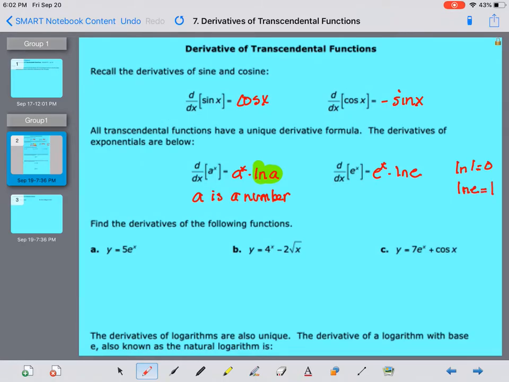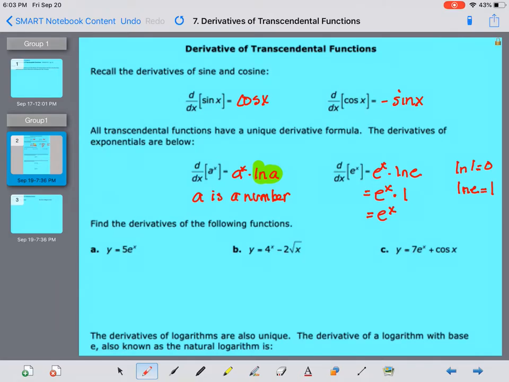So e to the x times the natural log of e, which is 1, just gives us e to the x. The derivative of e to the x is in fact itself. The slope and the y value have the same value at every single point on e to the x. That makes it a really easy derivative to take, because the derivative doesn't change the function at all.